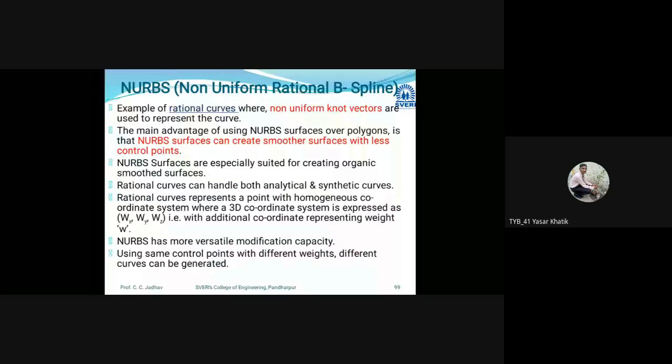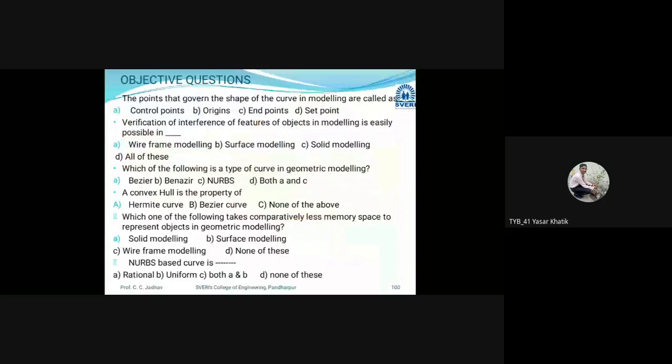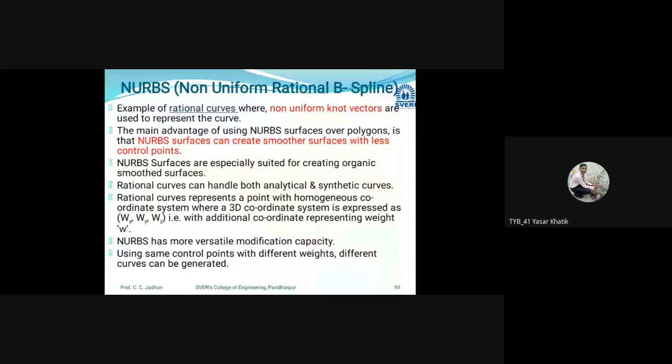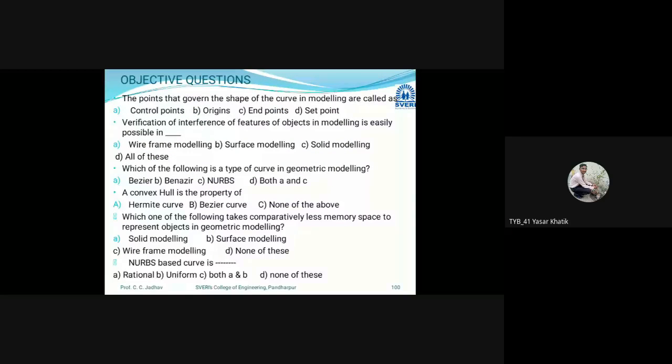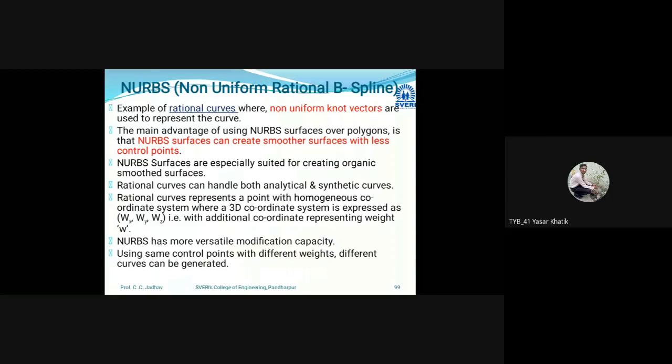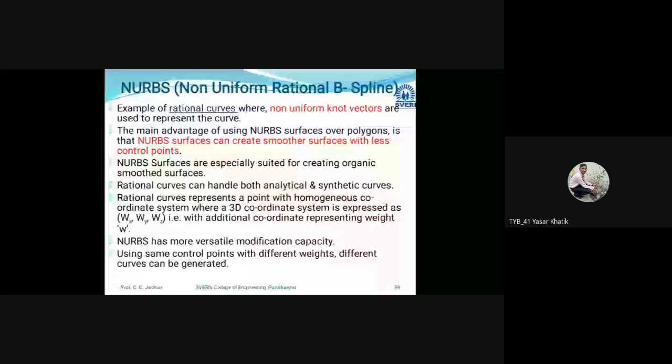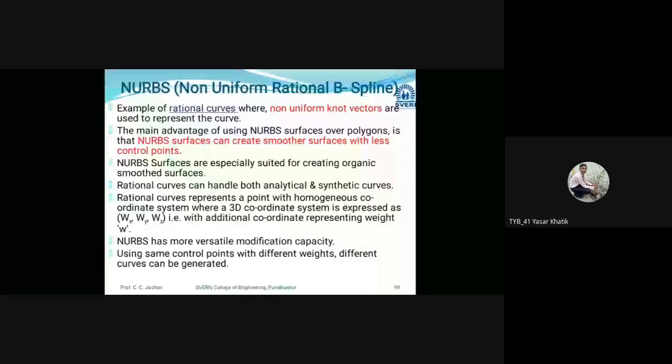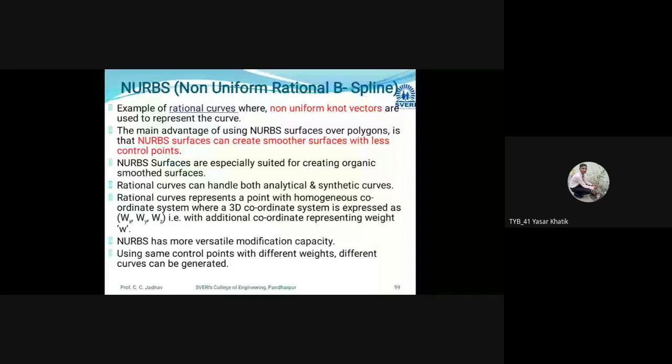And it is suited for creating organic smooth curves. Basically it offers great flexibility as compared to all the previous types of curves, and precision for handling both analytical and modeled shapes, and it is commonly used in CAD/CAM/CAE systems.